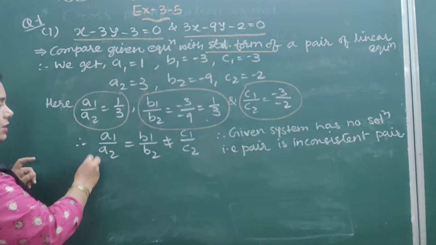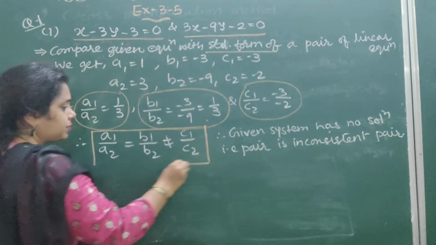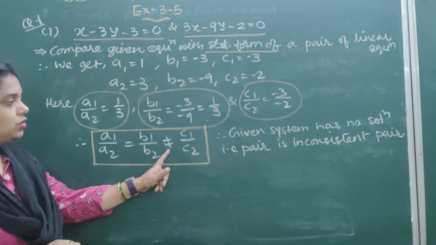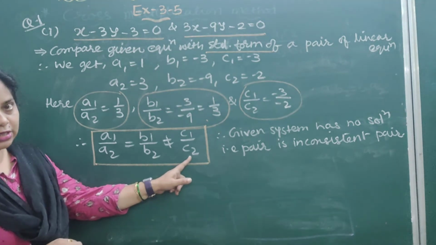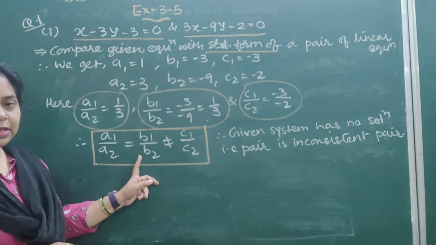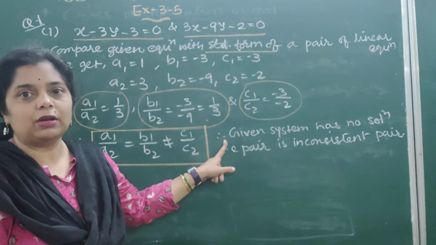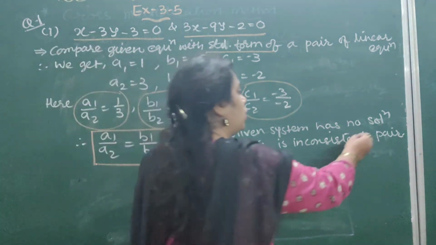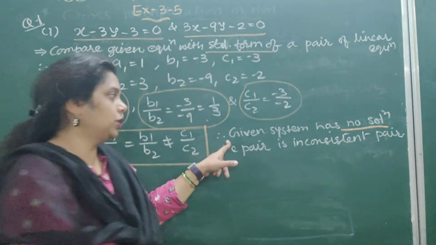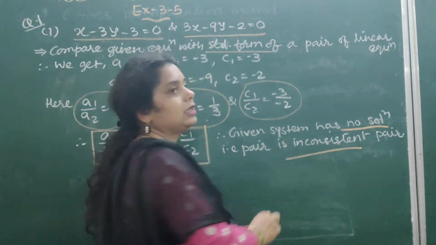So in short, A1 by A2 is equal to B1 by B2, but it is not equal to C1 by C2. This condition means the given pair of linear equations does not have any solution, and therefore it is an inconsistent pair.